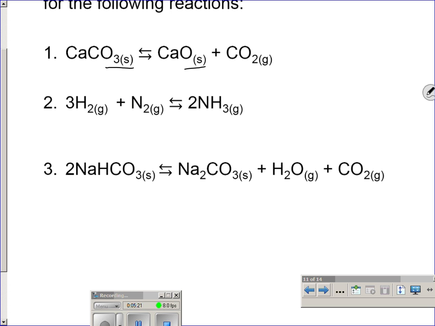So in this case, remember that we put the products on top, raised to the power of their coefficients. The coefficient here is 1. So in this case, it's just the concentration of carbon dioxide. So the only thing that determines the equilibrium position for this reaction is the carbon dioxide.